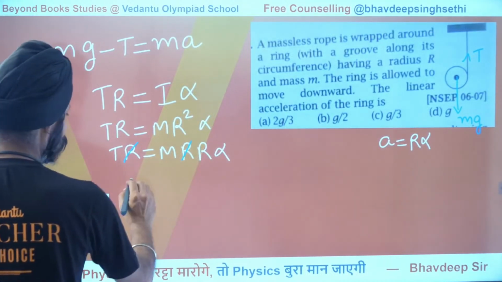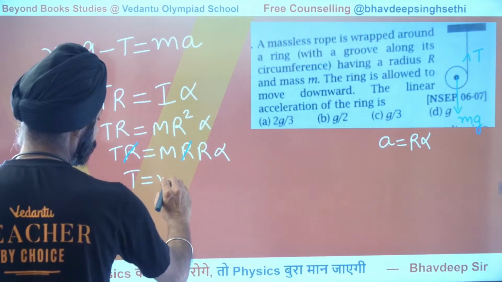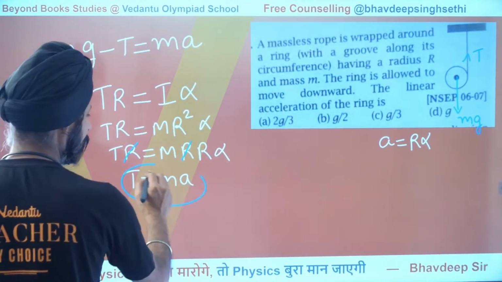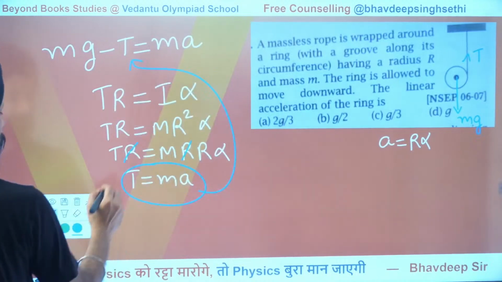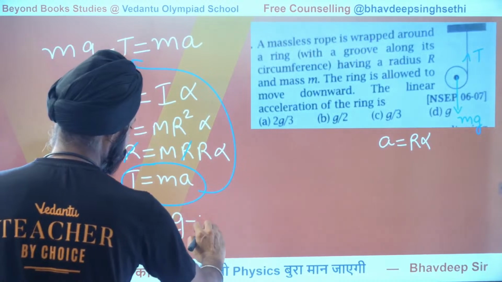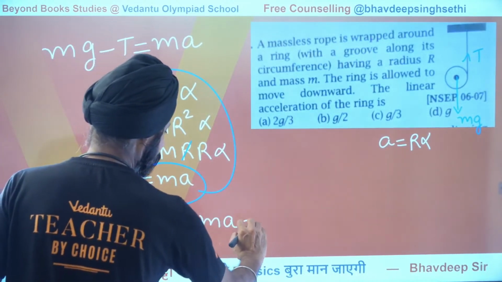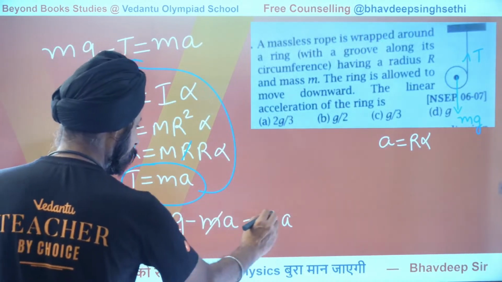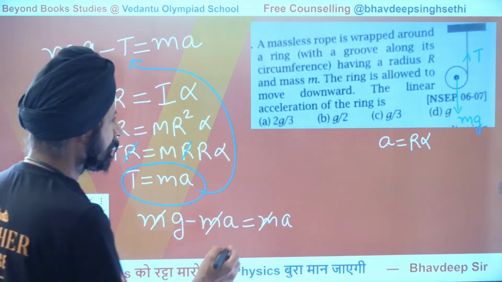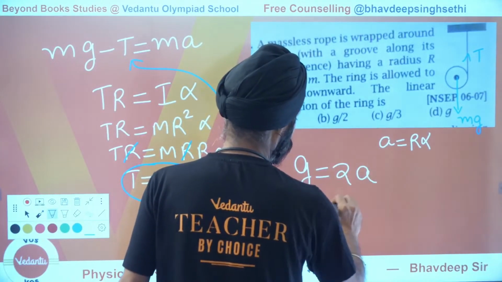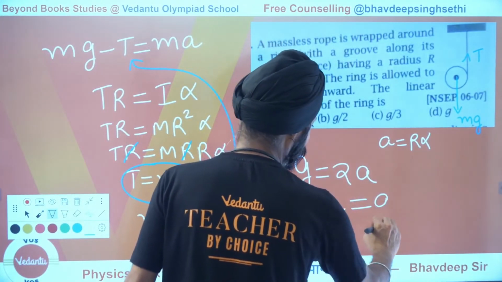So then I know tension is equal to ma. And that's all. So what you do now is you take this, you plug it in here. So what you get is mg minus ma is equal to ma. So the masses cross out and this is 2a is equal to g. So g is equal to 2a or a is equal to g by 2.